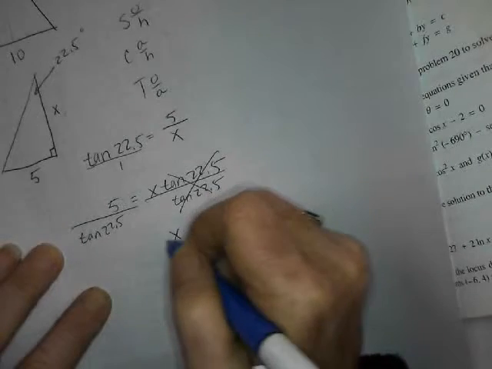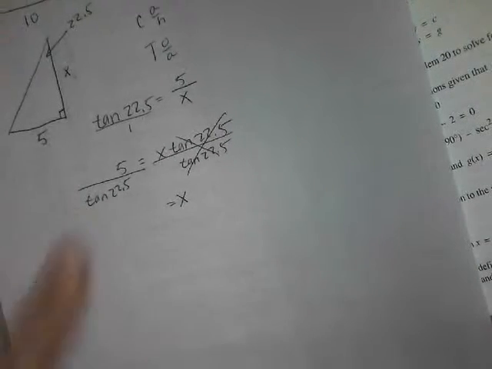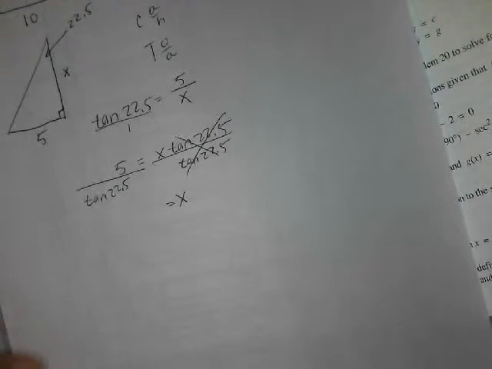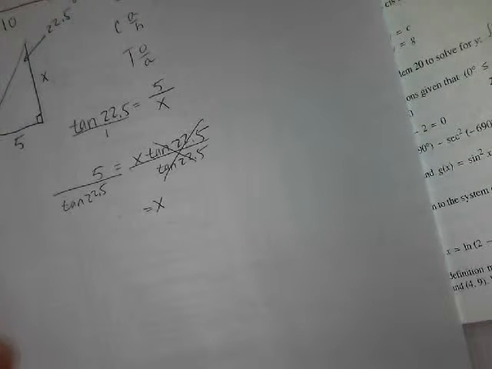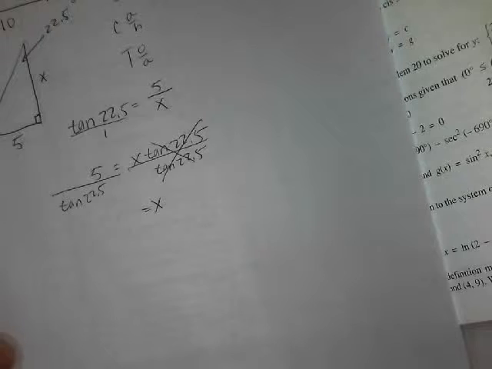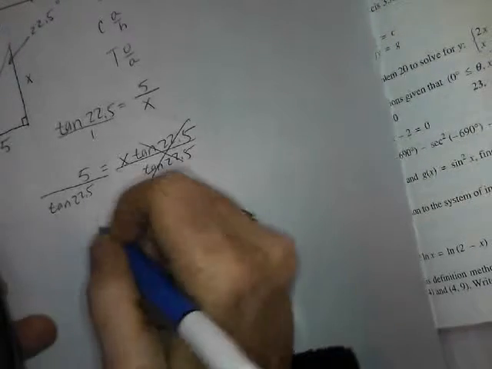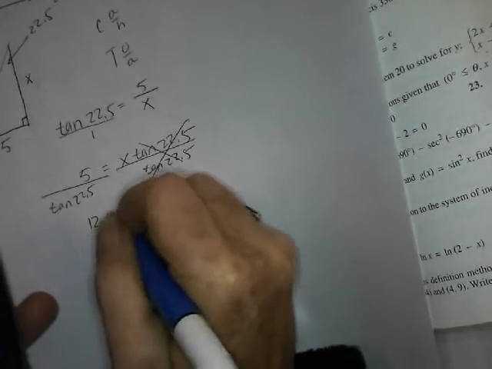Yikes. So I'm just going to put that in my calculator. 5 divided by tangent 22.5. Well, it gave me about 12.07-ish. Okay, so that's this. I'm going to hurry through this so I make my 10-minute mark.